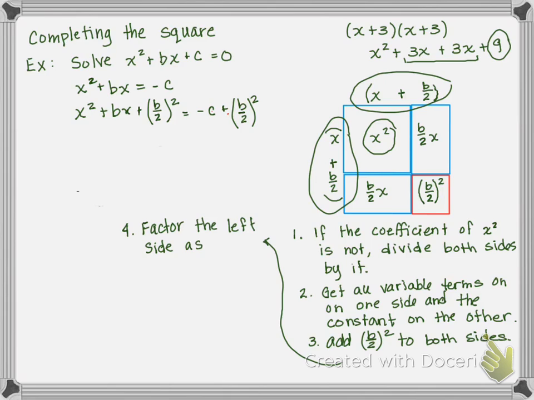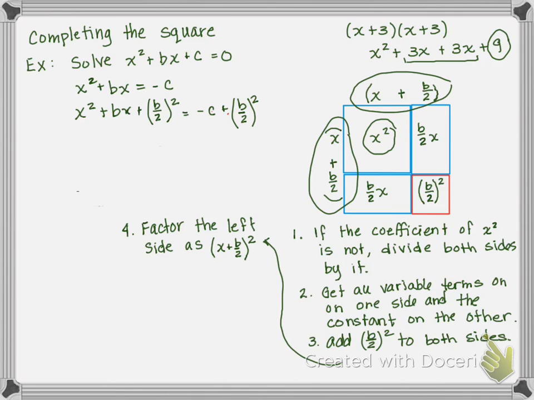So it factors as x plus b over 2 quantity squared. And you don't have to really remember that, because you can just factor using the AC method and you'll find what it factors as. Where that is kind of convenient is if you have fractions, because we haven't really factored with fractions. So if you kind of know what it should be, that can be helpful in factoring when you have fractions.